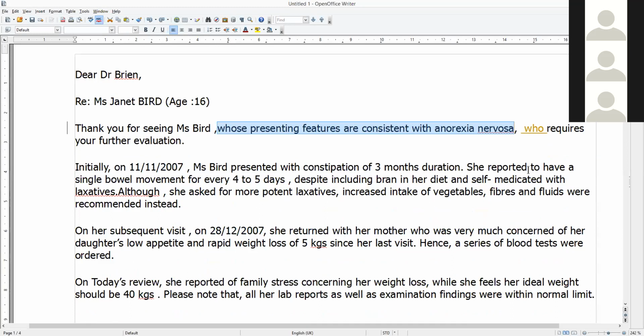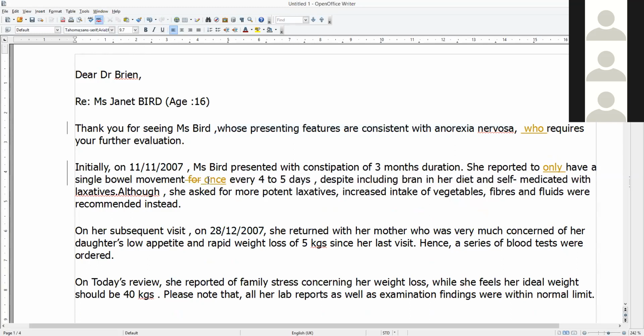Okay. She reported to have only a single bowel movement once every 4 to 5 days, despite including fiber and self-medicating with laxatives.